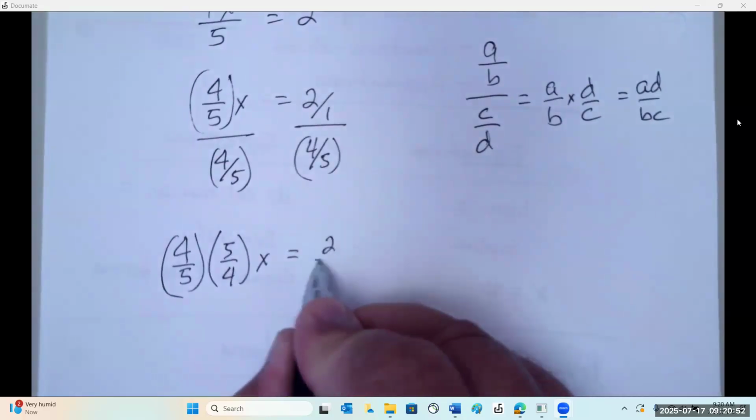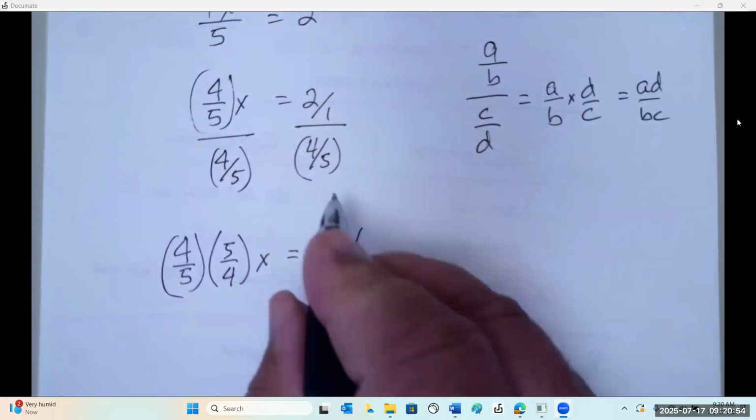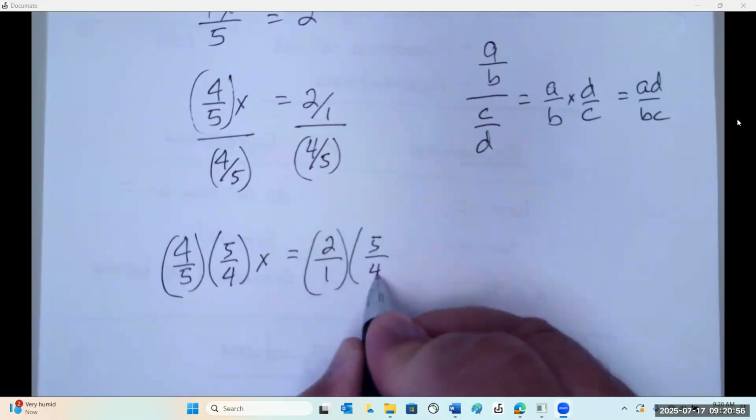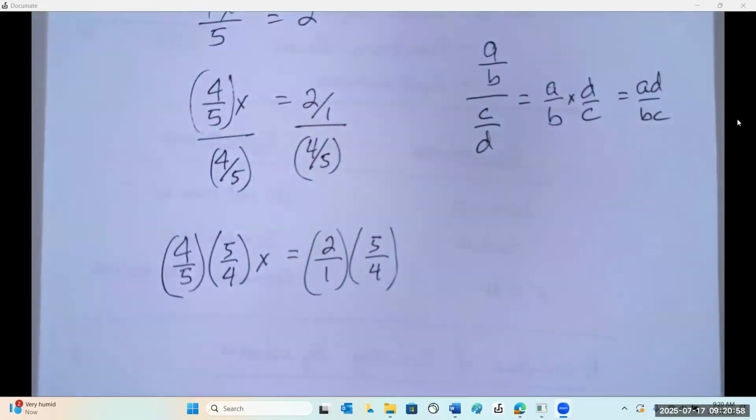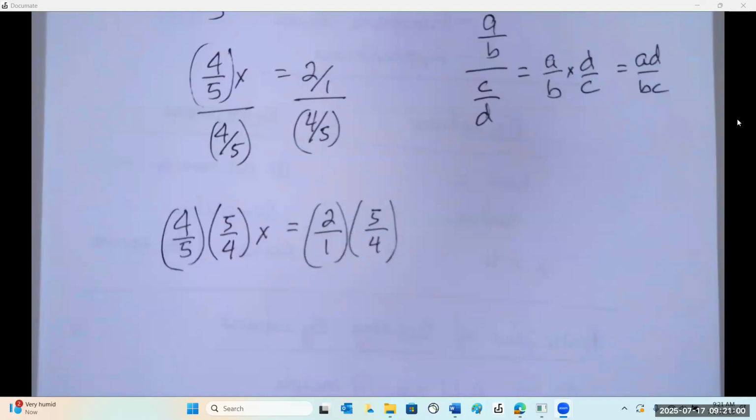So I take the top fraction, leave it alone, multiply by the flip of the bottom. What happens on the left side? What do you get? Again, do not multiply before you divide.